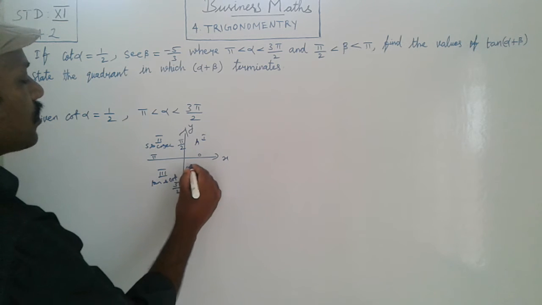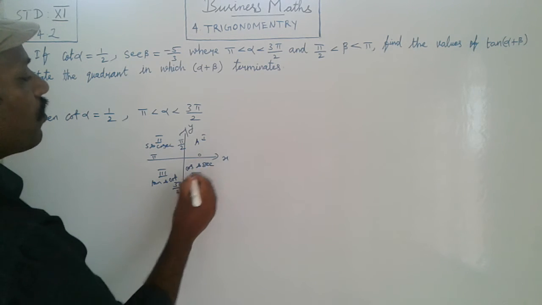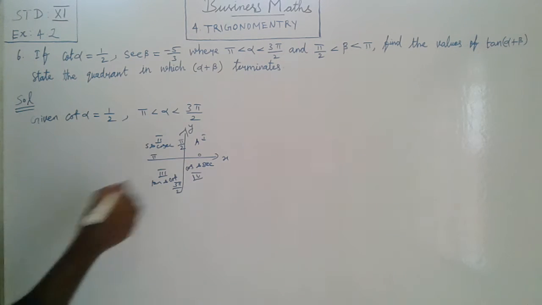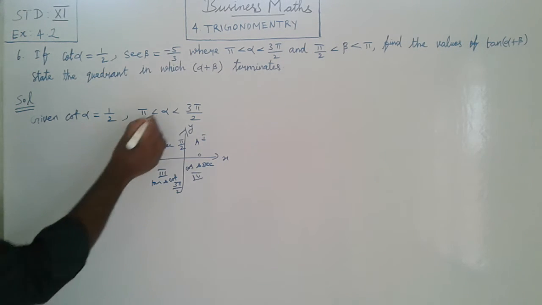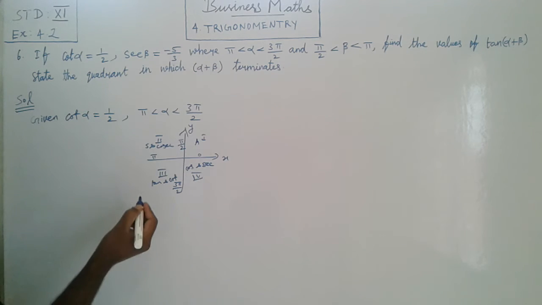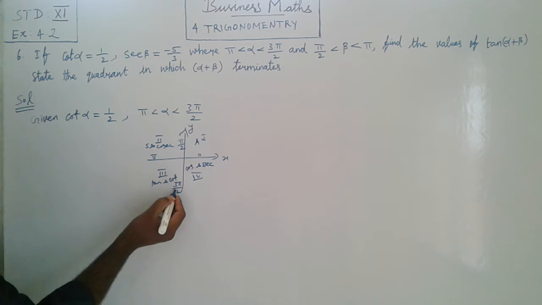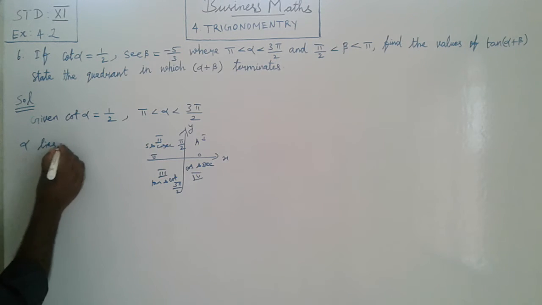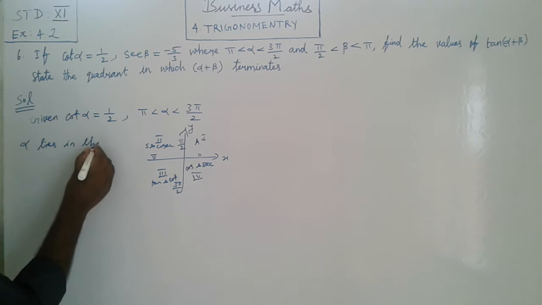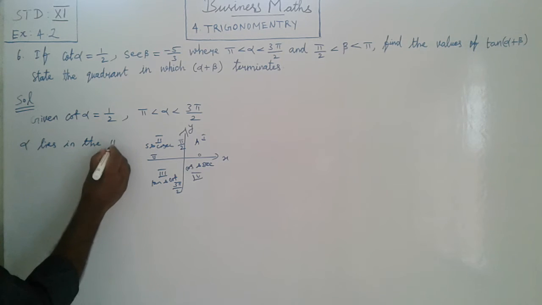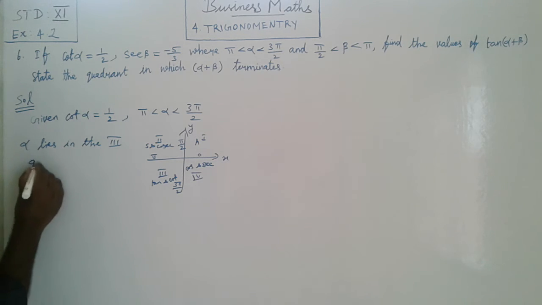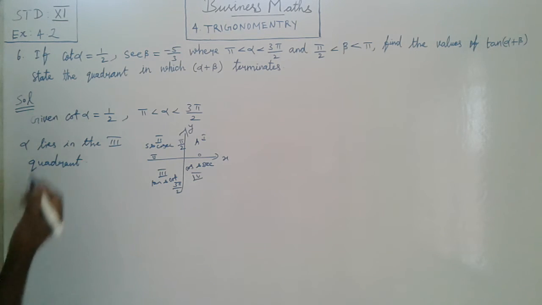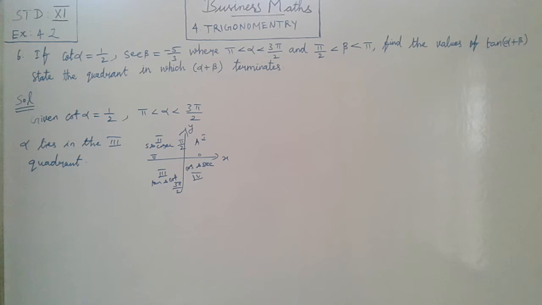Next fourth quadrant, cos and secant only are positive, remaining negative. So alpha is pi to 3 pi divided by 2, so alpha lies in the third quadrant.